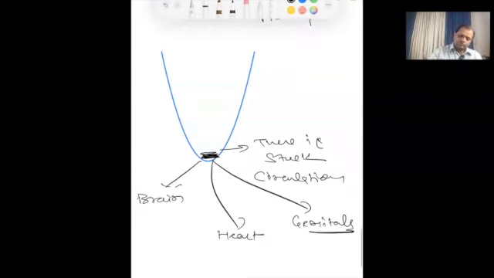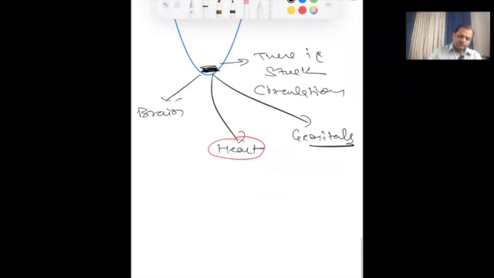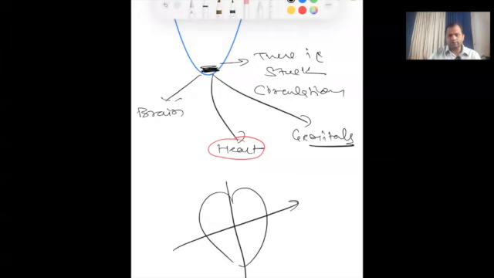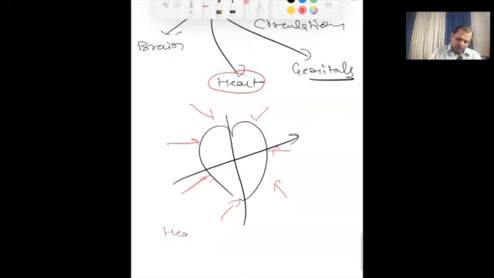Suppose someone is not having enough blood in the heart. This is the heart, and the heart is pumping blood throughout the body, but the heart is not getting enough blood. What is the meaning of this? How can you explain it in simple language?